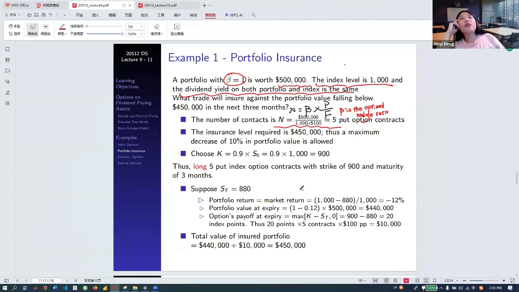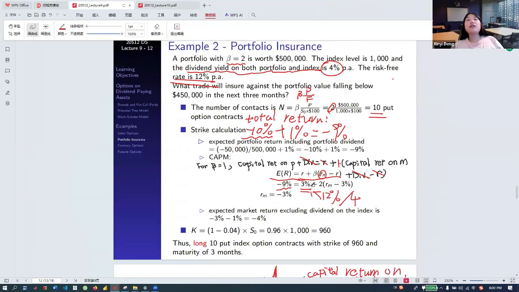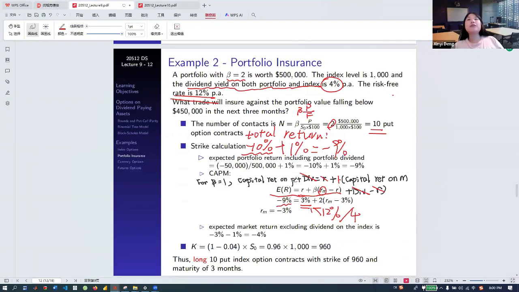For portfolio insurance questions, you need to know how to calculate the optimal number of contracts, and you also need to determine the strike price. Note that the dividends are going to enter into the strike price. So what I'm trying to say is that dividend is going to influence the strike price.